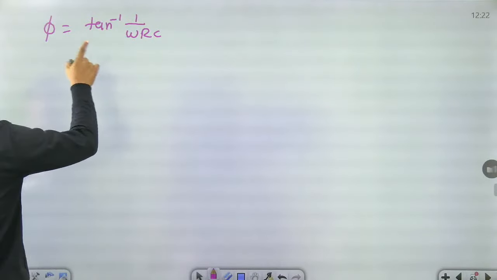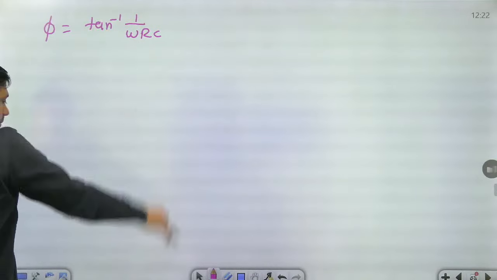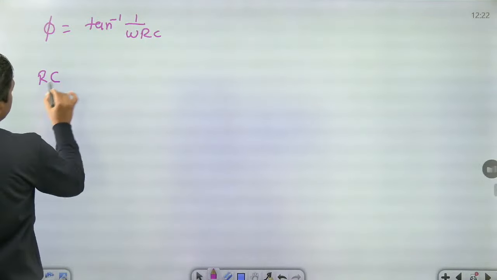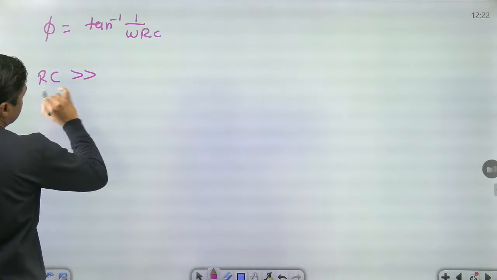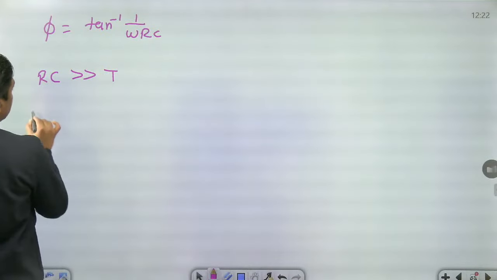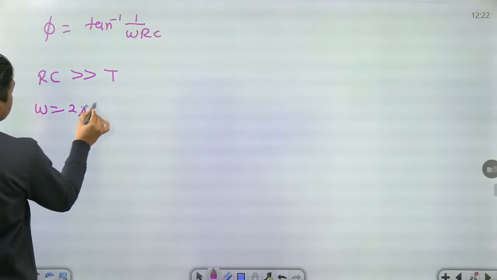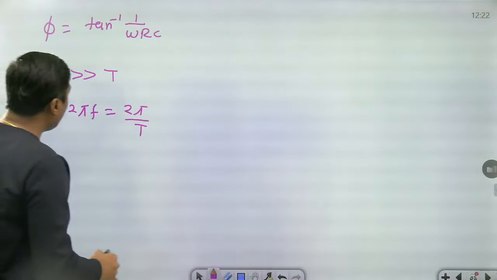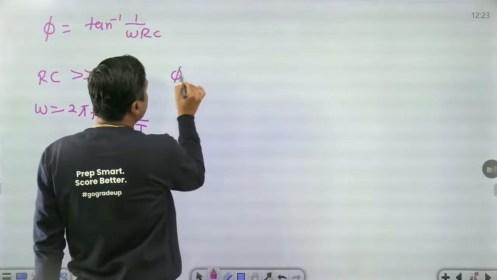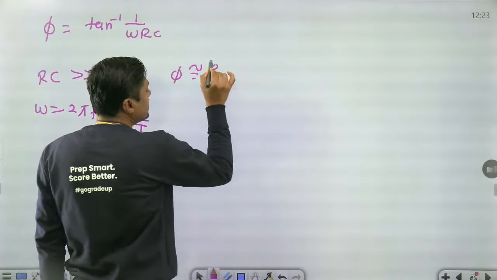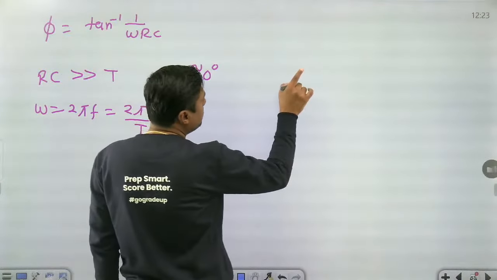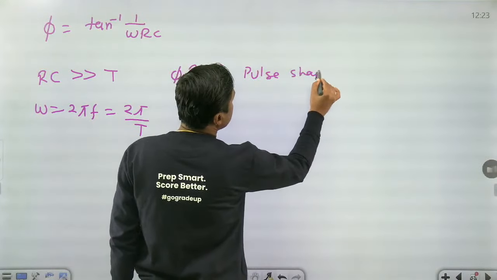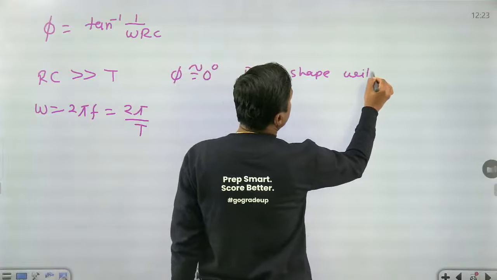If RC is very large as compared to the time period of the signal, where omega is equal to 2 pi f, that is nothing but 2 pi by T, then the phase shift is nearly equal to 0, and the shape of the output is similar to the shape of the input. Pulse shape will be preserved.